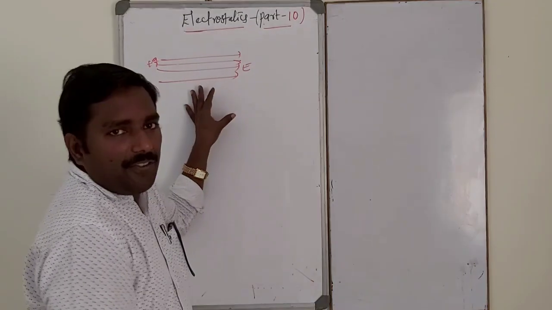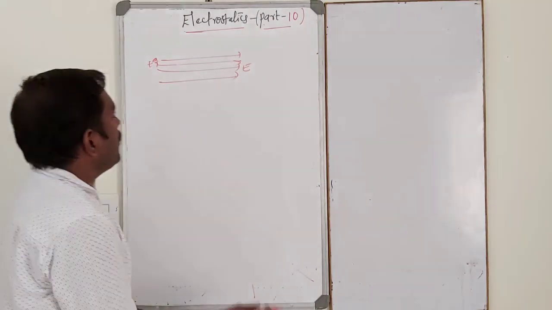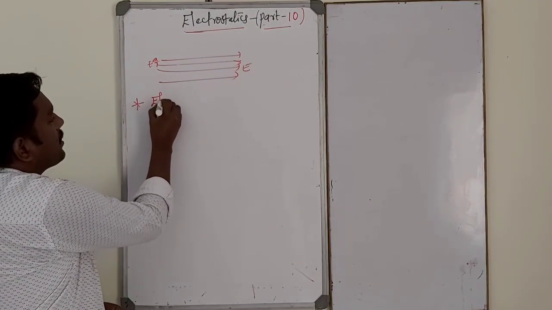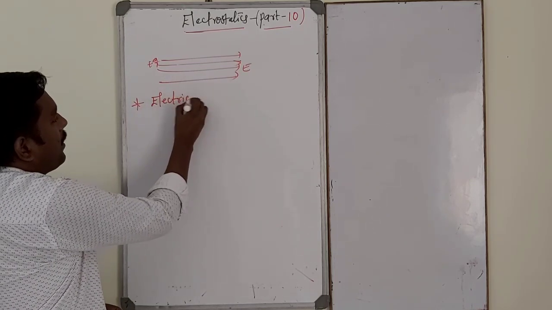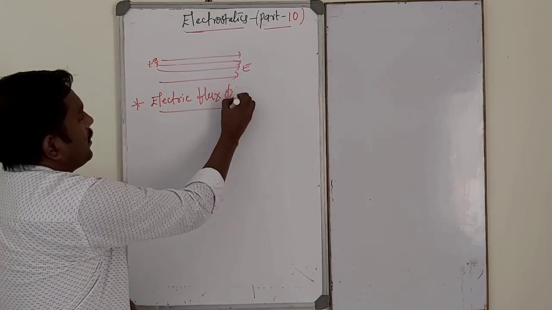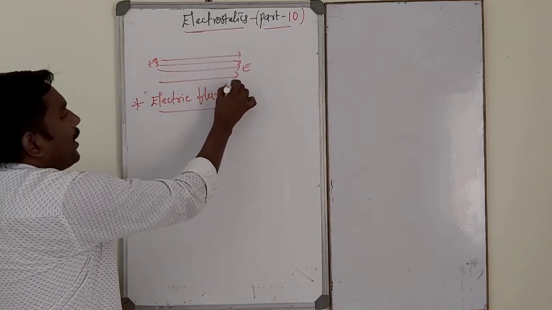So based on electric field lines, we define electric flux. Electric flux is represented with the letter phi. So what is meant by electric flux?